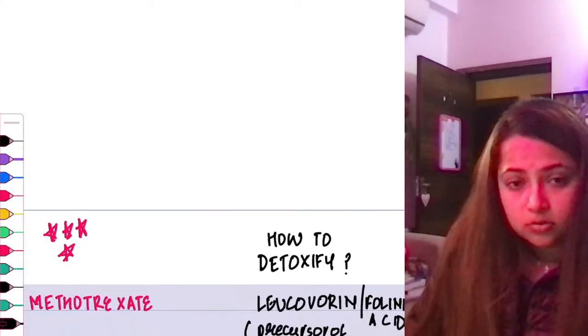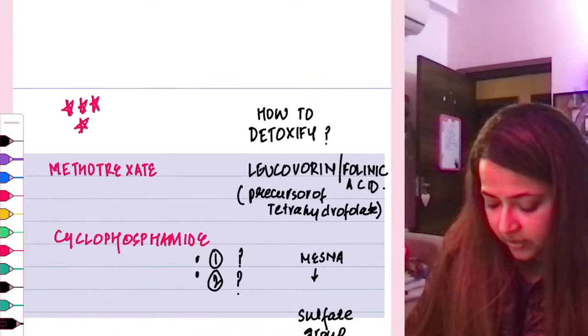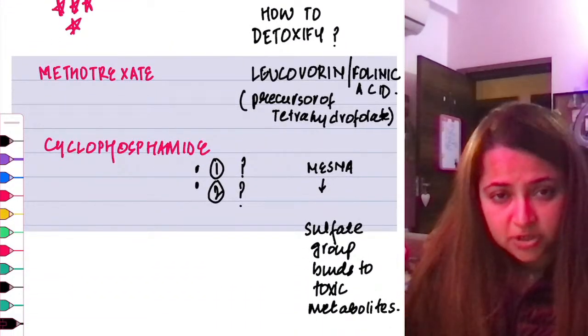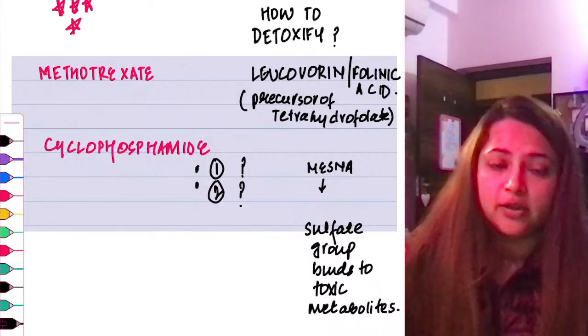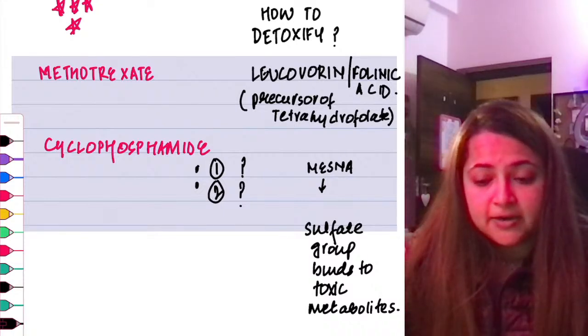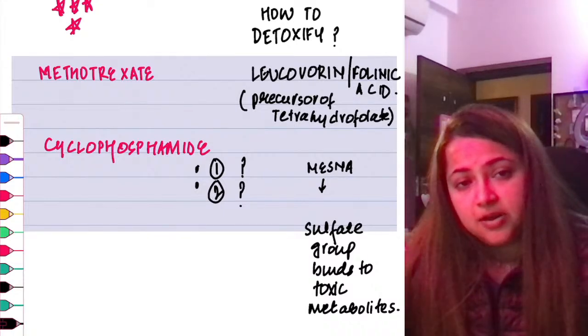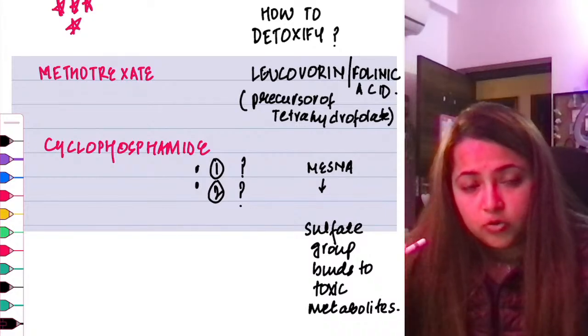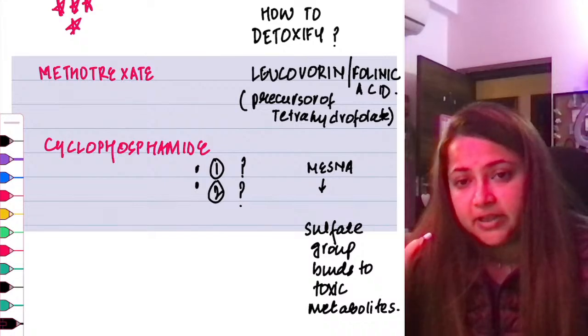When you give a chemotherapeutic agent, an anti-cancer drug to a patient, for example, methotrexate, for example, cyclophosphamide, these drugs are associated with a lot of side effects. So today's homework is to read about the side effects of chemotherapeutic agents.